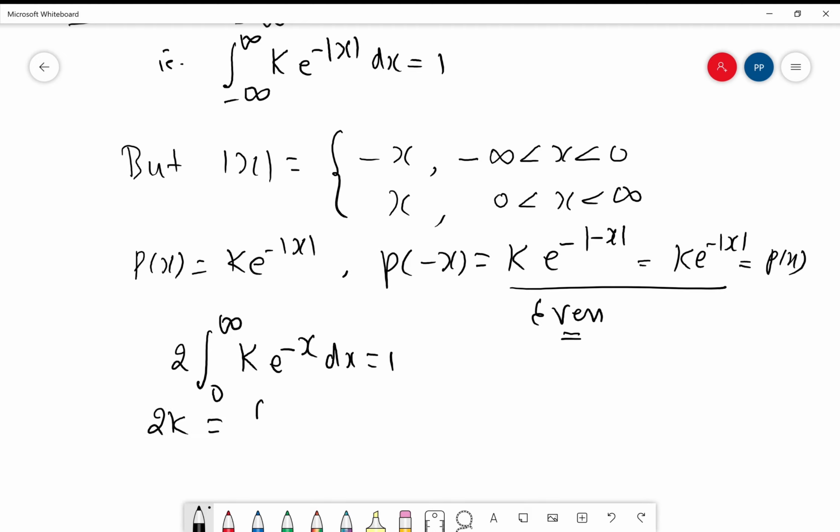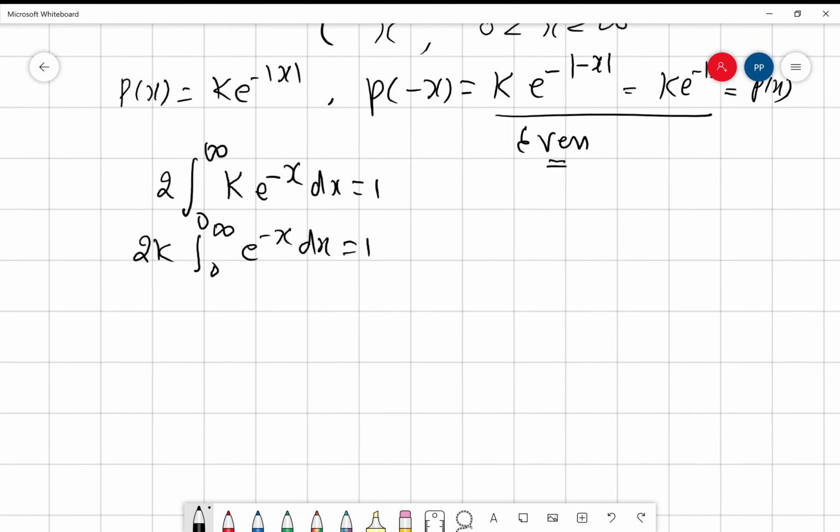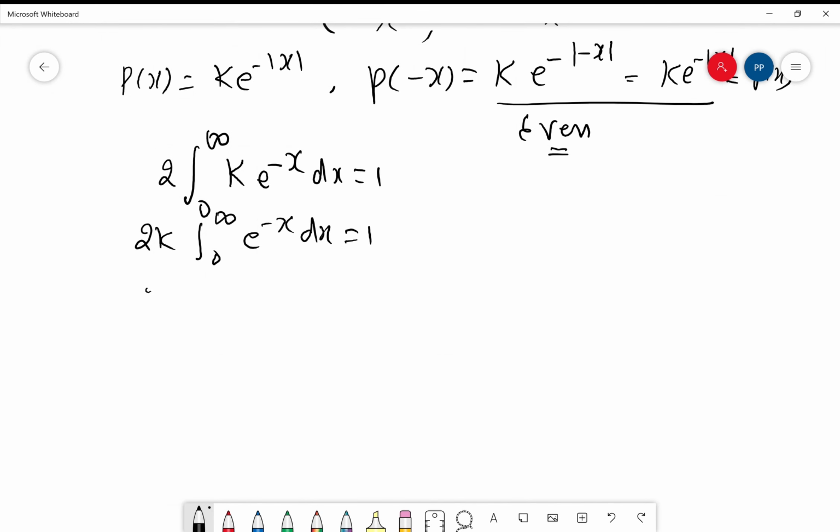Take k outside. Taking k outside, we get 2k integral 0 to infinity e power minus x dx equals 1. Now, so simple integral. You know that integral of an exponential function is just that exponential function divided by the coefficient of x, which is just minus 1 here, and limits between 0 and infinity.